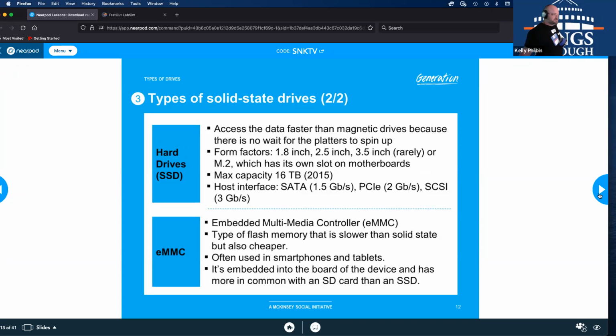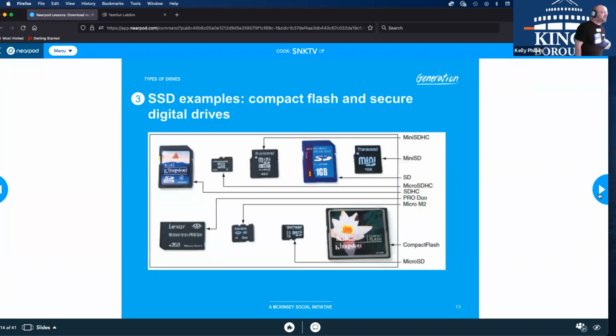All right. Moving through. Here are some examples of form factors of SSD or for compact flash and SD cards, or secure digital. Many of these are familiar. Micro SD for you Android users. You have your micro M2, but you don't see that often.